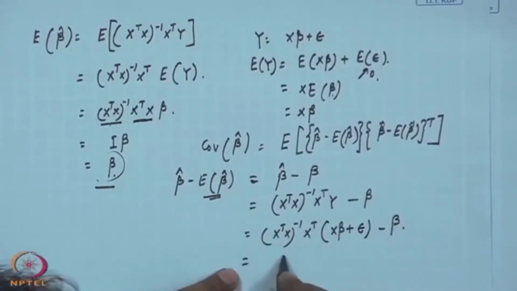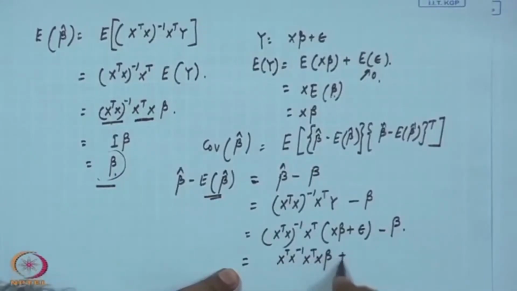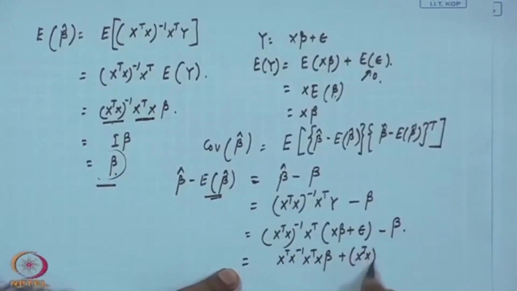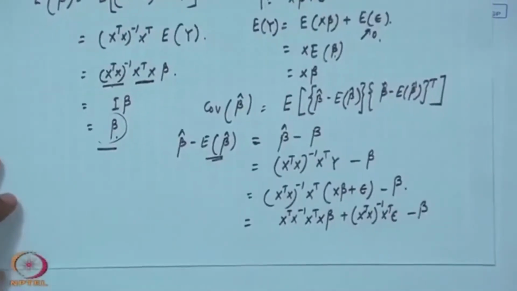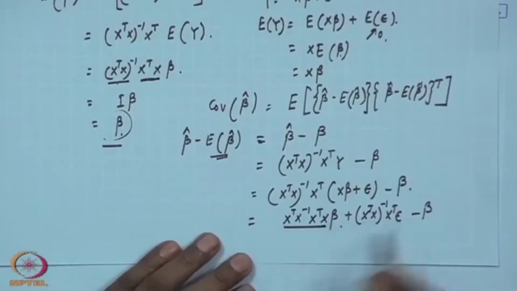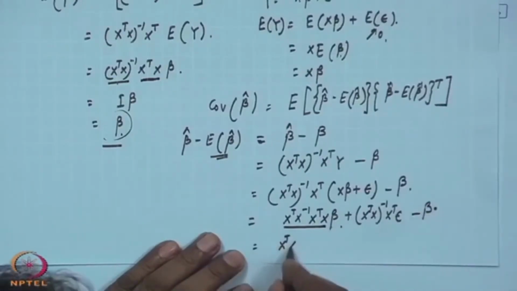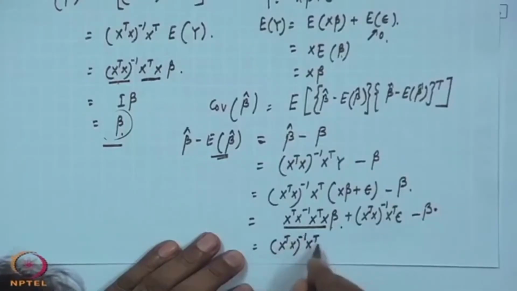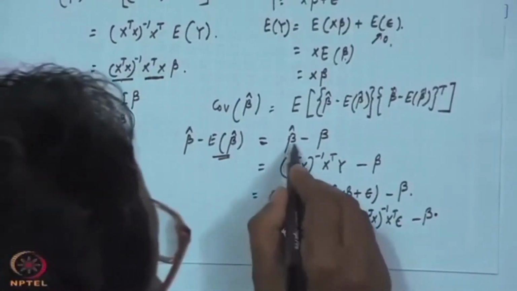The resultant quantity will become x transpose x inverse x transpose x beta plus x transpose x inverse x transpose epsilon minus beta. And this quantity is I, so this is beta. So beta minus beta cancels out. Ultimately you are getting x transpose x inverse x transpose epsilon. So your beta cap minus beta is this.